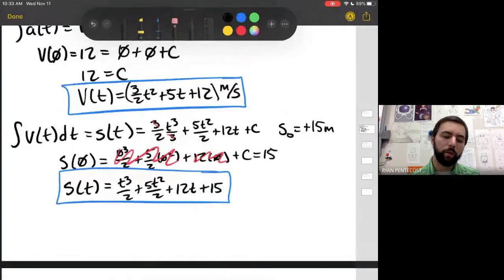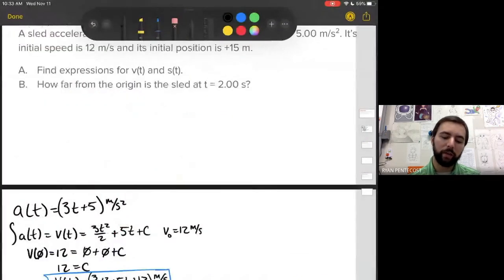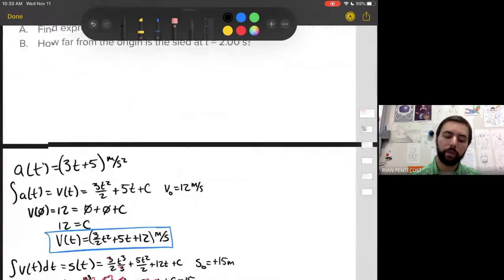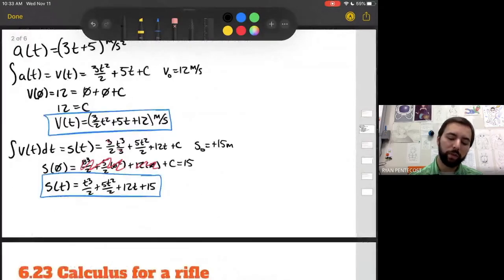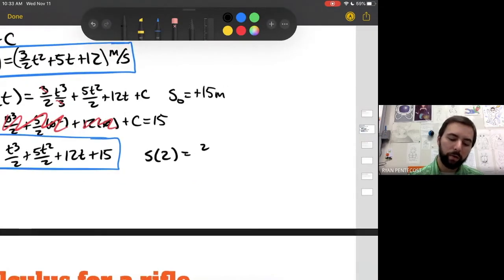Now, part B, right? It asked how far from the origin the sled is at t equals 2 seconds. So we're looking at distance. The position function is going to tell us distance. So if we use s of 2, that tells us the position at 2 seconds. So let's see, we have 2 cubed over 2, plus 5 halves times 2 squared, plus 12 times 2 plus 15.